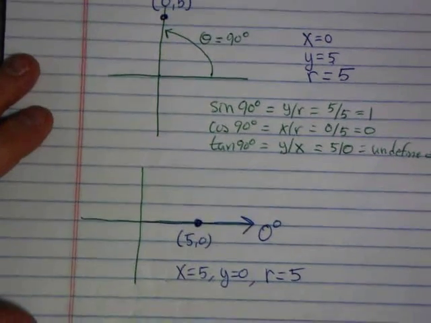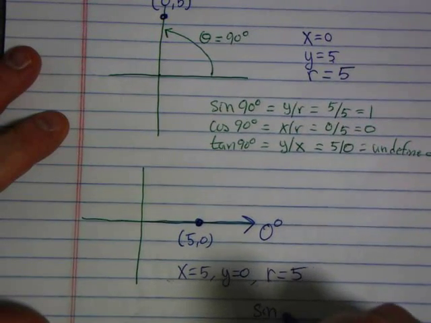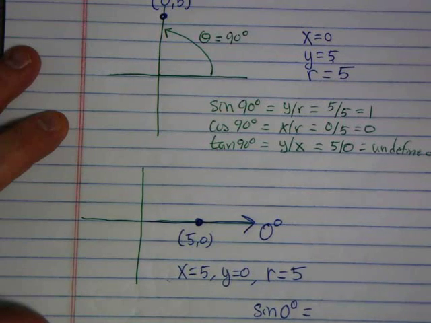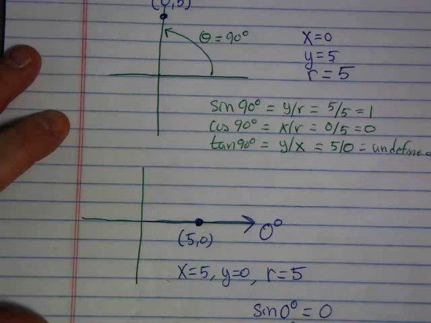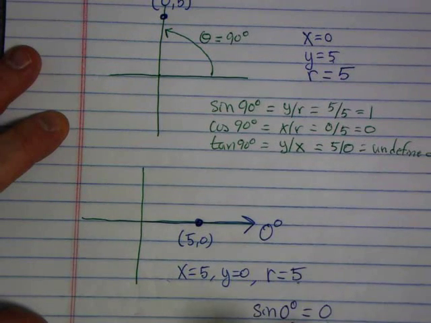What's the sine of 0 degrees? 0 over 5, which is 0. What's the cosine of 0 degrees? Not 0. 1, because it would be x over r, 5 over 5, which is 1.